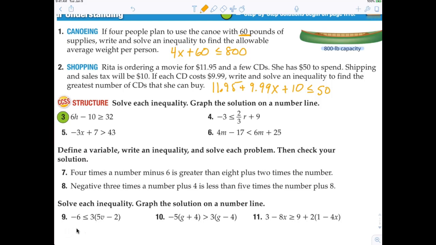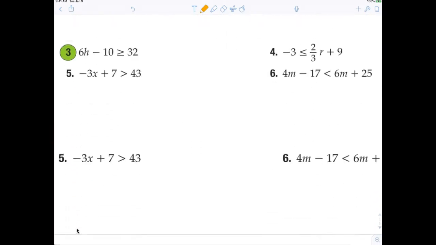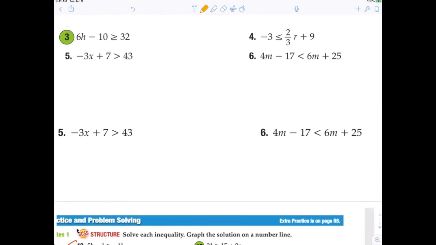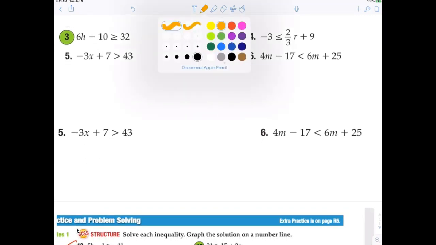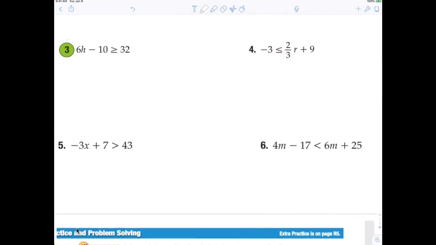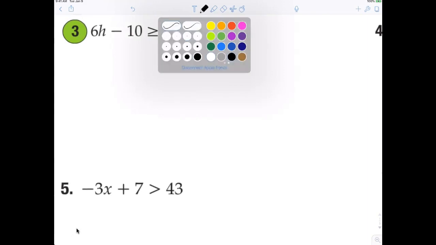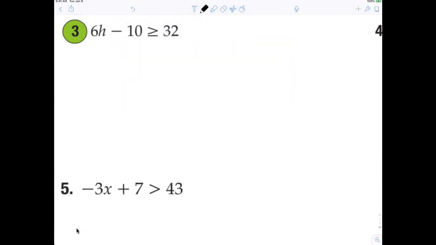All right? Now, today we're going to review the inequalities. So I start with question number 3. Everybody's going to write down question number 3, and we're going to try to solve that together. Now, at this point in time, I'm expecting you to kind of leave off a few things. What do I mean by that? How do I undo a minus 10? You add 10. You don't have to put plus 10 anymore.